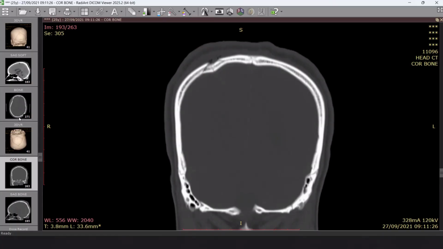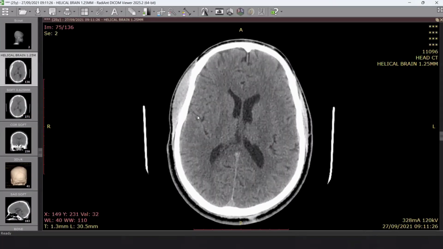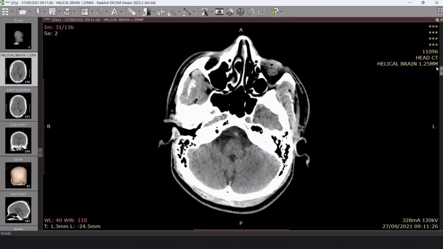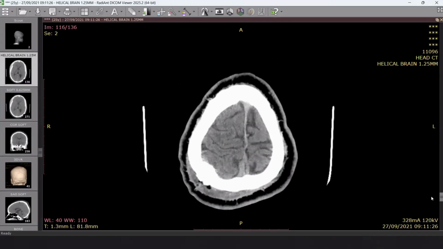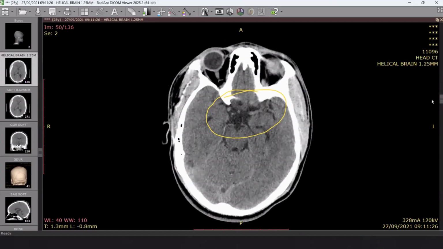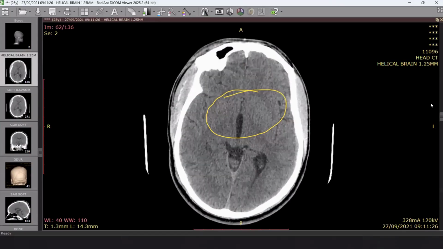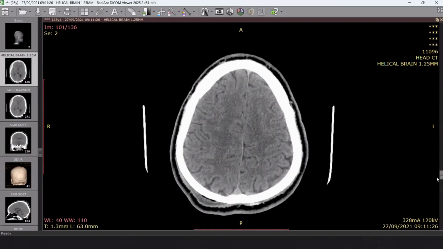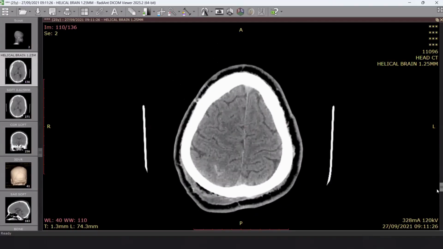Also, we classify subarachnoid hemorrhage into traumatic and non-traumatic. The non-traumatic subarachnoid hemorrhage is more commonly seen at the base of the brain, and more commonly the cause is a ruptured aneurysm or AVM. The traumatic subarachnoid hemorrhage is more commonly seen at the periphery of the brain, as you can see here.